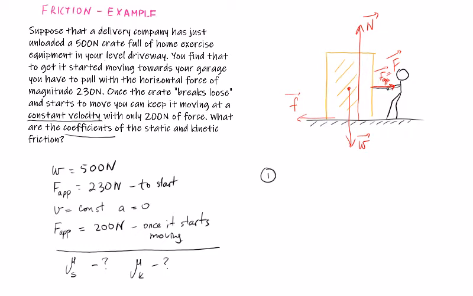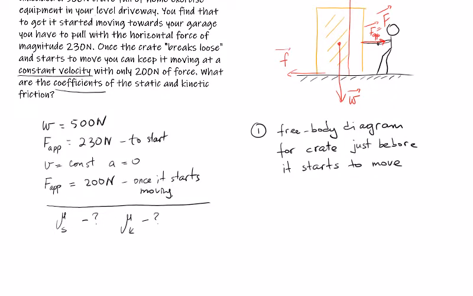First situation, let's write the free body diagram for the crate just before it starts moving. Okay, we start with our coordinate system. Here's the x-axis going positive to the right, and positive y-axis going up.